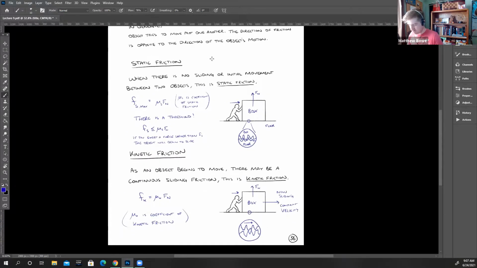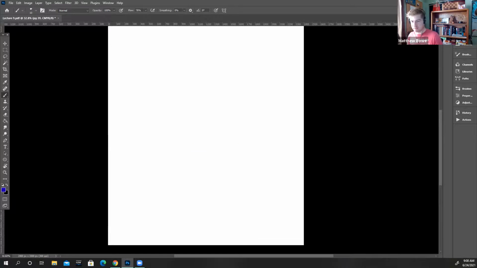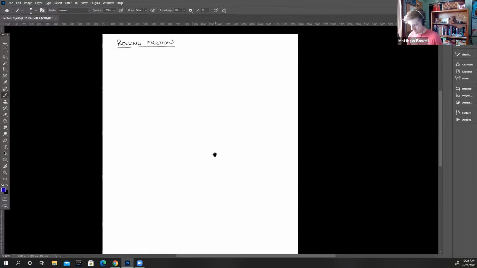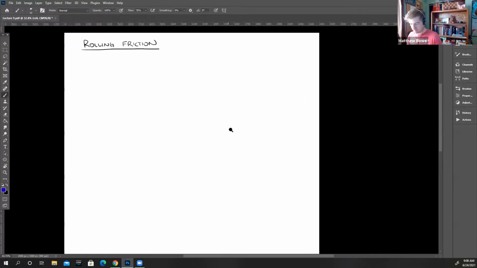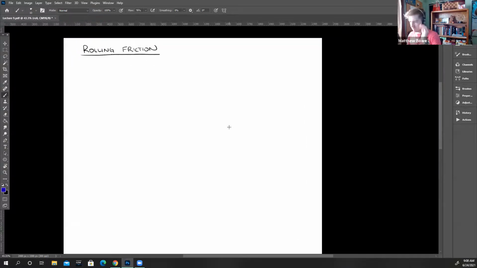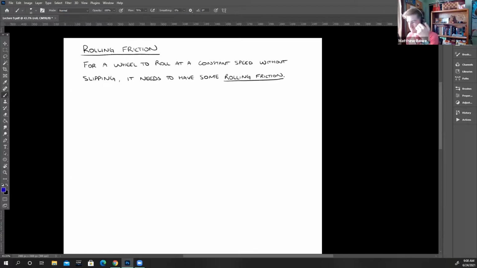So these are the two most common types of friction. I'm going to at least list this next one, which is rolling friction. And I'm sure you see where this is going. All of the equations so far have looked the same. This is the friction required for a wheel to roll.